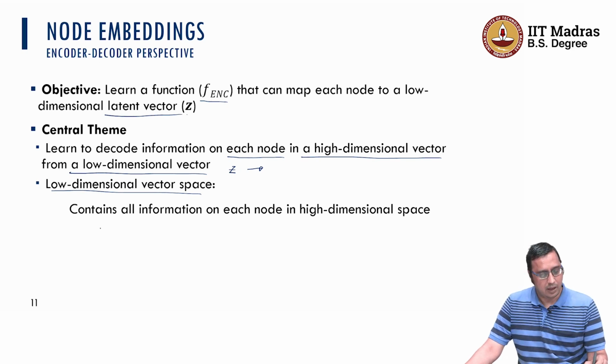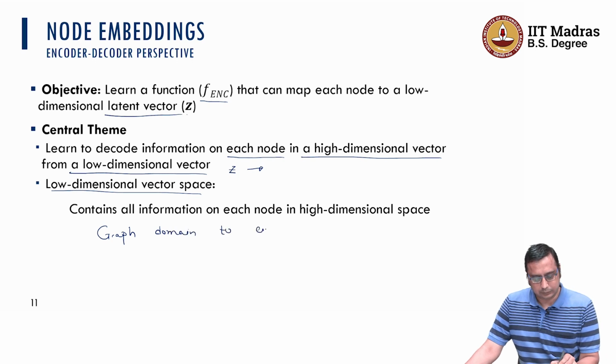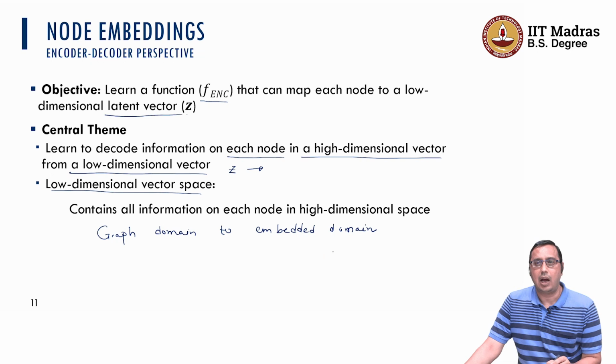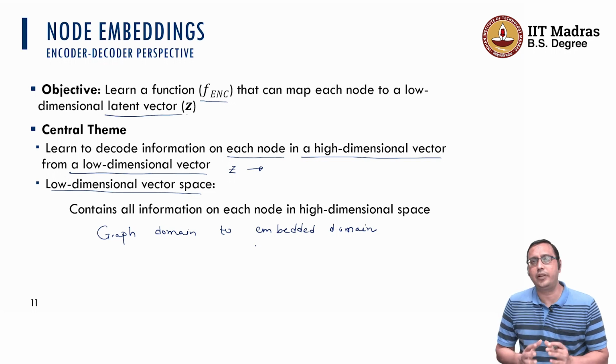Or the other way around, when I go from graph domain to embedded domain, I am not losing any information, or I am losing very little information, and my lower dimensional representation has all the information which I need, and that makes a lot of analysis straightforward as well as computationally efficient.